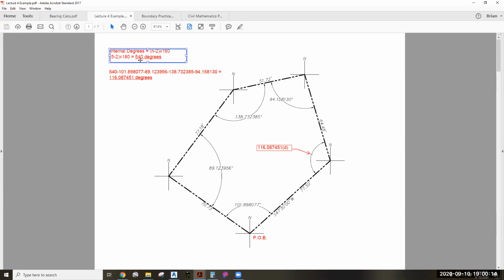So I take 540 as I've typed here. Okay, 540 minus the angle, the lower angle, minus the west angle, minus the northwest angle, minus the northeast angle, and I come up with 116.087451 degrees.